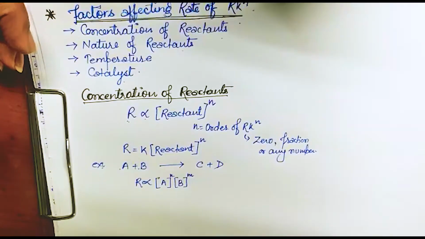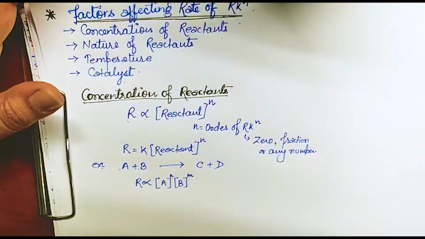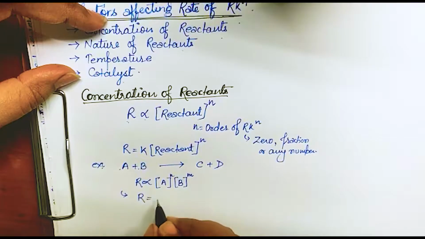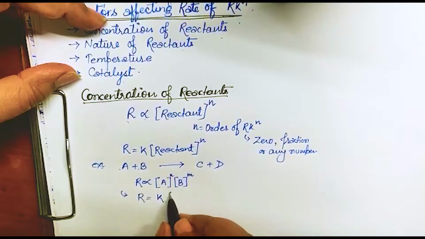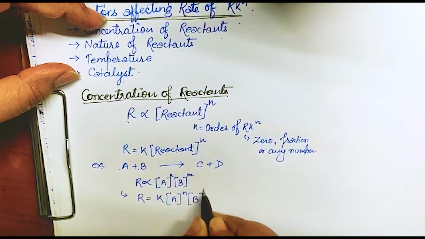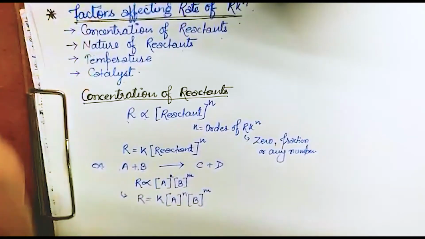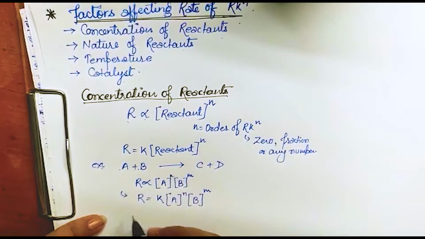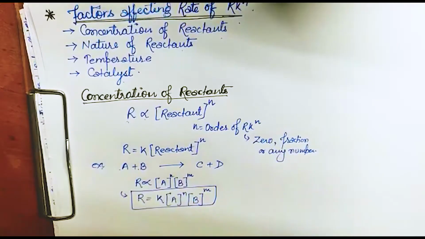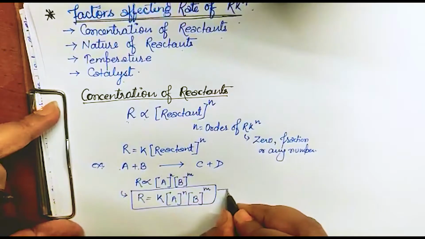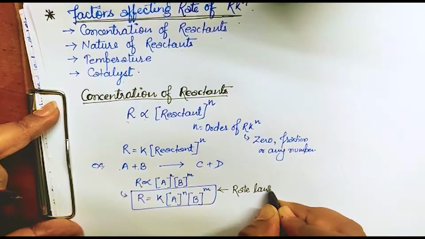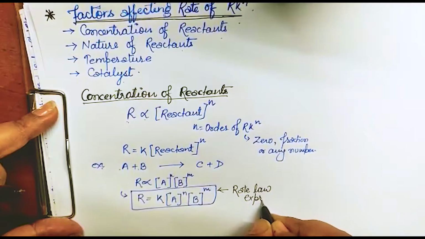Whatever the unit will be, I will tell you, don't worry about this. Whenever we remove the proportionality sign, we put a constant, and here it is k: rate = k [A]^n [B]^m. This expression is known as the rate law expression.